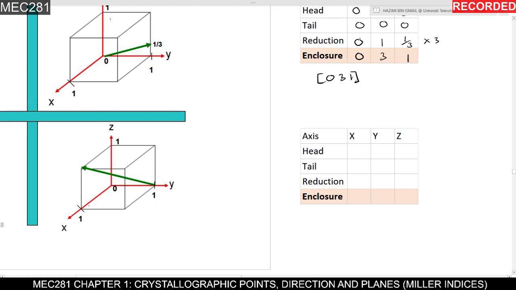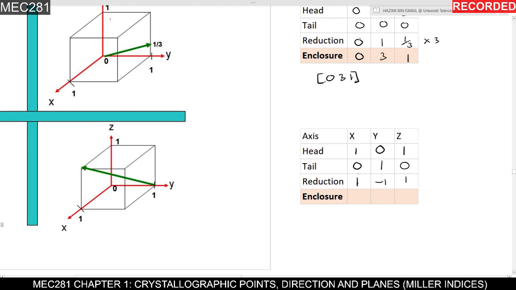The head here on the x-axis is 1, the y-axis is 0, and the z-axis is 1. Okay, the tail on the x-axis is 0, the y-axis is 1, and the z is 0. So 1 minus 0 is 1, 0 minus 1 is minus 1, 1 minus 0 is 1.